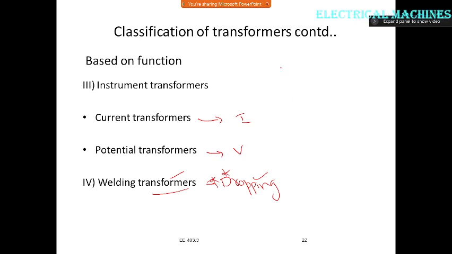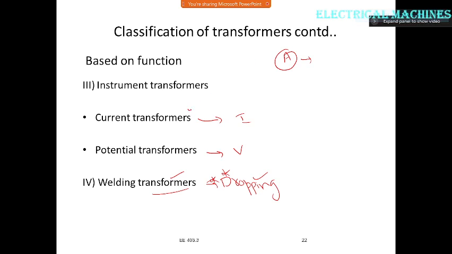We know the voltmeter and ammeter, right? Similarly here we have the current transformer and potential transformer. The ammeter measures the current in the line. We can use it for 230 volts or 440 volts, but above such rated voltages and currents we cannot go for an ammeter.